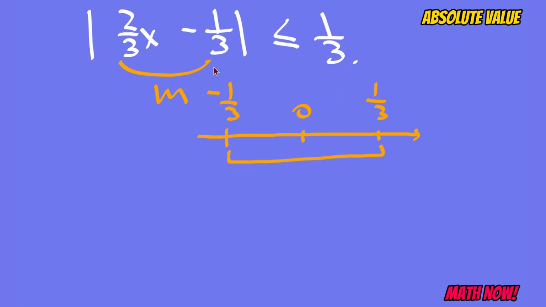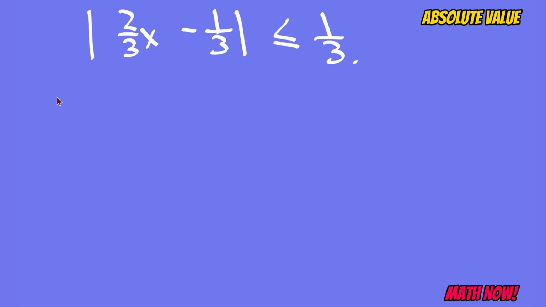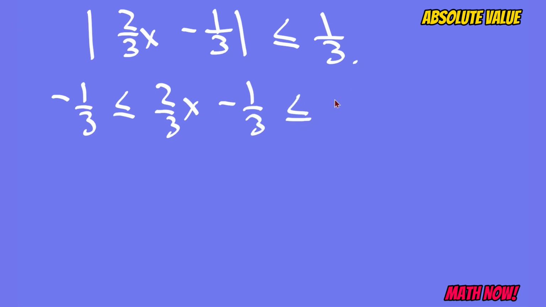If we understand that, then we can write this like this: minus 1/3 is less or equal to 2/3 x minus 1/3, and it's equal or less than 1/3. So this particular number is just somewhere between these two numbers.